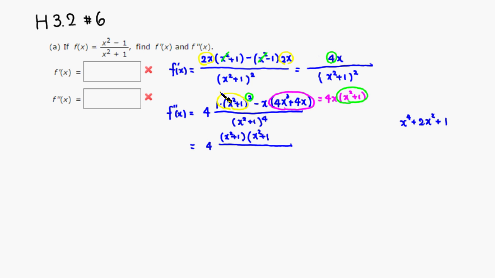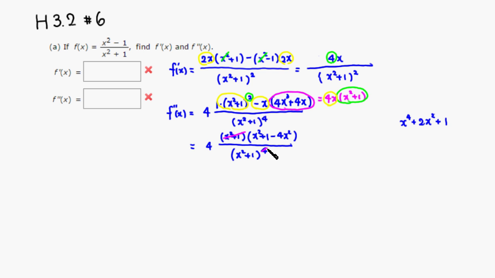Then we still need to take care of the negative x here and also 4x, so it's going to be negative 4x squared. Minus 4x squared. Then you have x squared plus 1 to the 4th power. Then we can cancel. There's an x squared plus 1 on top, and there are actually 4 of those.